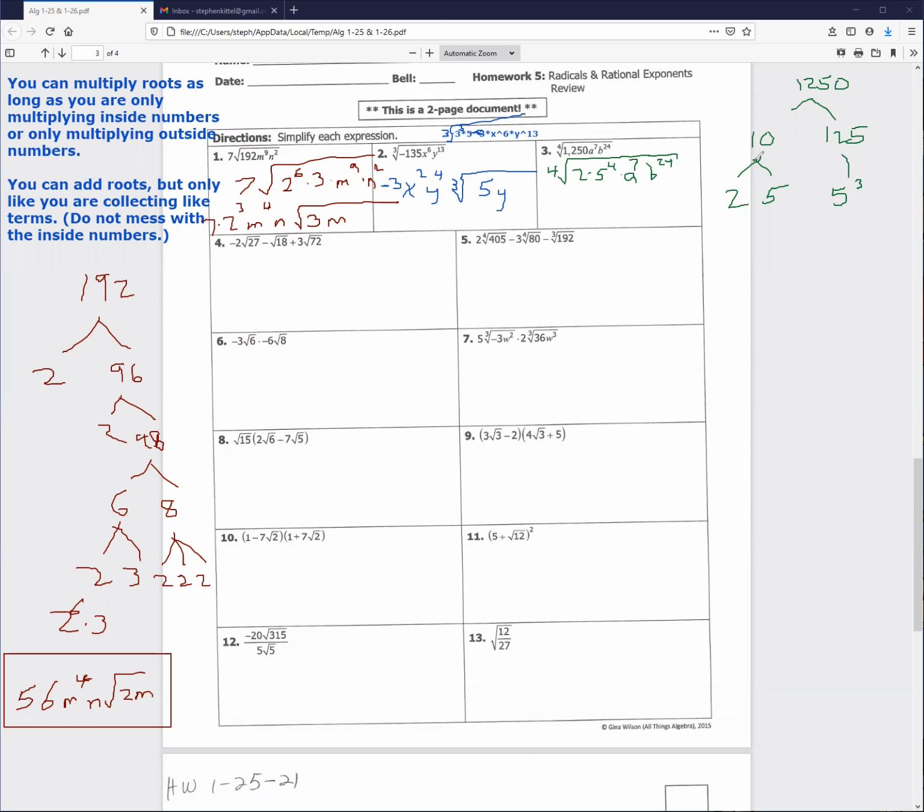Then we do outer. 3 root 3 times 5 is plus 15 root 3. Inner. -2 times 4 root 3 is minus 8 root 3. And then we do last. -2 times plus 5 is minus 10.